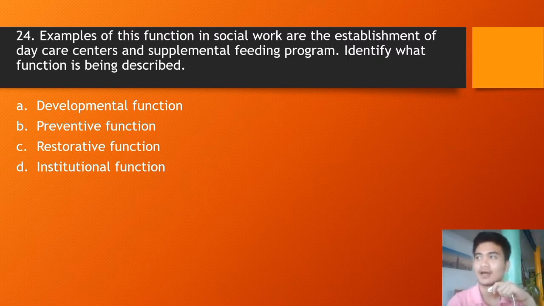Pwede rin yung neoliberal perspective on social welfare. Yung neoliberal perspective on social welfare, these are the strategies of the idealism of neoliberalism, whereby all the supposed to be public social welfare, ina-assume yan ng private people. For example, yung dental health or dental care.